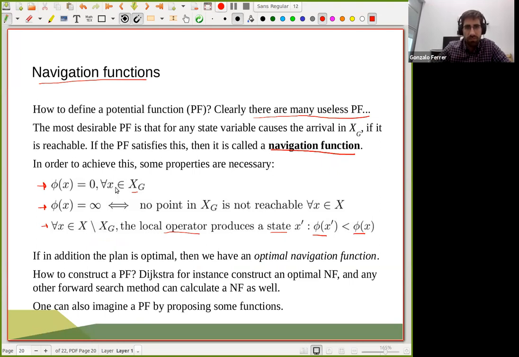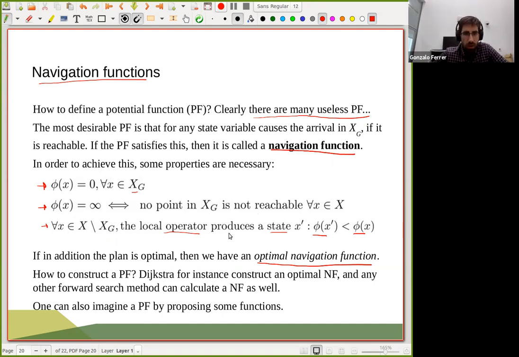If you have some properties, then this is going to be a navigation function. It's a valid plan. It's not optimal. If it was optimal, then we know how to calculate this: potentially by value iteration.